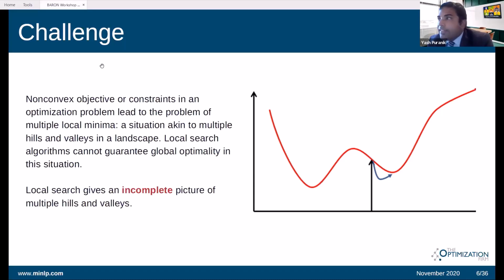So, as Aphrodite indicated, I'm an optimization research scientist, and the company is called the Optimization Firm. So it's obvious we have a thing or two to do with optimization. I think the problem of optimization is as old as humanity itself.